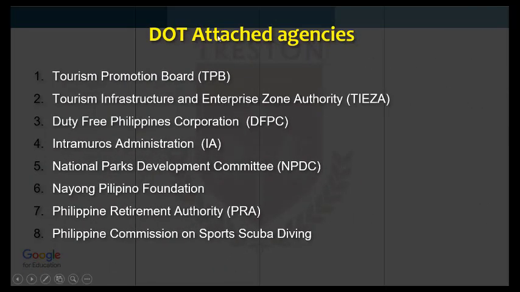In this slide, there are attached agencies that are also concerned with MICE, for example the Tourism Promotion Board. It's concerned with pushing the industry to be the number one income generator here in the Philippines.